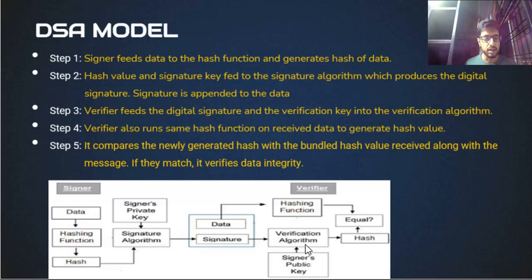For this verification algorithm, the receiver uses signer's public key to generate the hash of the received message. The receiver also receives the hash function, and he uses the hash function to hash the data. And now he will compare the generated hash and the received hash. If they both match, then we can say that the message is verified.